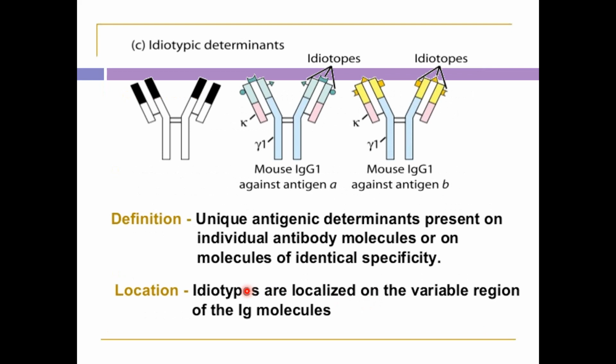Whereas idiotypes are localized on the variable region, not the constant region, while isotypes and allotypes are mainly present on the constant region. This idiotype is mainly present on the variable region. And what is an idiotype? It's a unique antigenic determinant present on an individual antibody molecule or molecules of identical specificity.